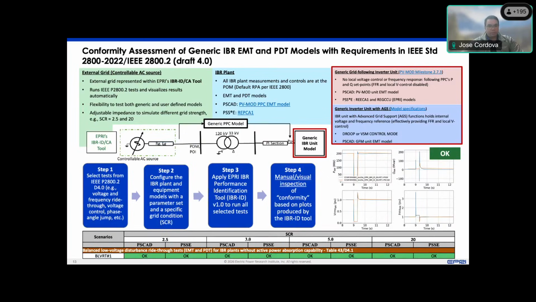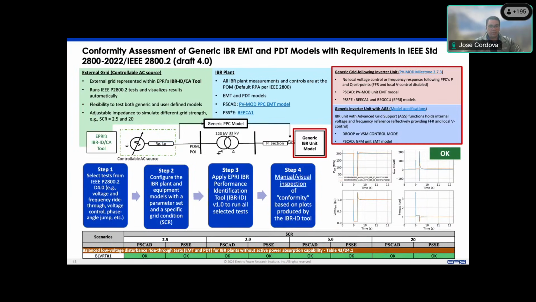So here at EPRI, we wanted to use a setup that is more of a general model, or a general setup of a plant. As Andy said, the IBR plant may consist of different components such as transformers, collector systems, and also the IBR resources, the unit models.